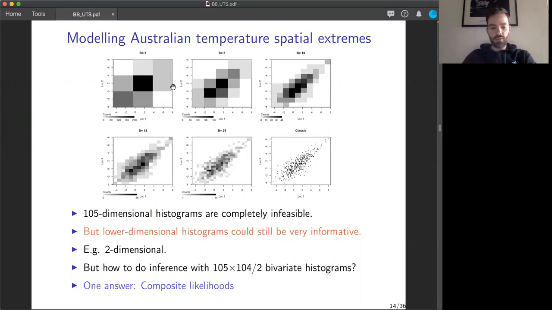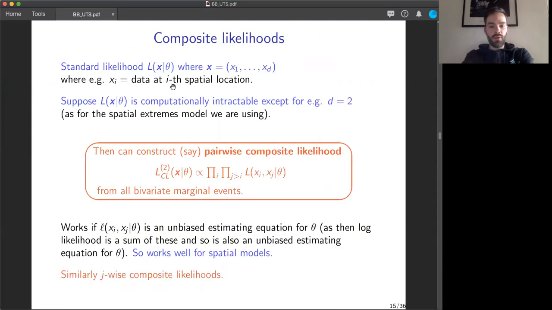To do that, we're going to use composite likelihoods. Just to recall how composite likelihood works: in the standard case, you have your likelihood L of x given theta, where x is d-dimensional. Think of xi as representing your ith spatial location. If we take the case where d is equal to 2, so I'm just looking at the pairwise composite likelihood, then the composite likelihood takes the product over the pairwise likelihood between xi and xj, taking all the bivariate marginal events, so the product over all possible pairs.